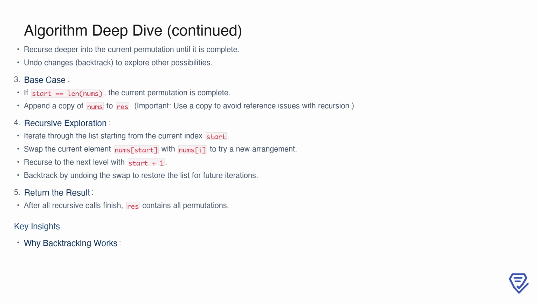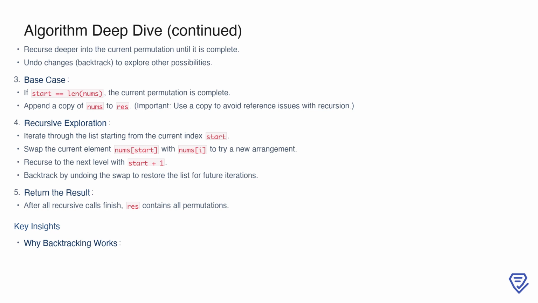If start equals the length of the list, it means we've formed a complete permutation. At this point, we append a copy of the current arrangement of the list to our result list, ensuring no issues with references during recursion. Next, we iterate through the list, starting from the start index, and swap the current element with each subsequent element to explore new arrangements.